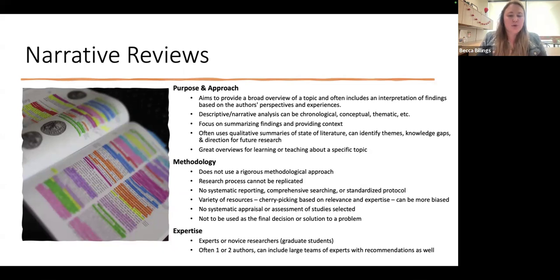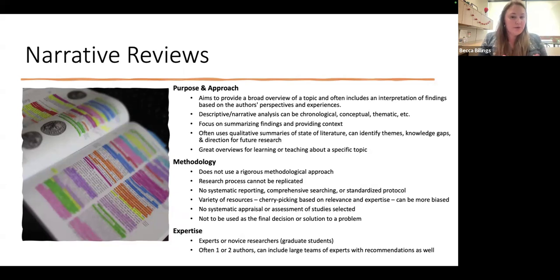These review types are descriptive or narrative, and authors can choose to arrange their ideas chronologically, by a specific concept, or thematically. It is summarizing findings, but again, that author context is really important here. Researchers are able to really show their expertise on an area.